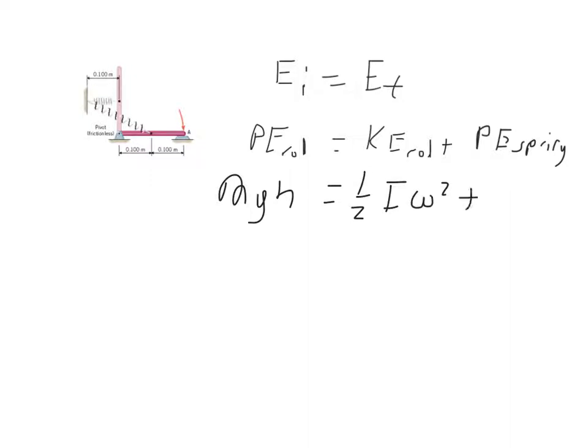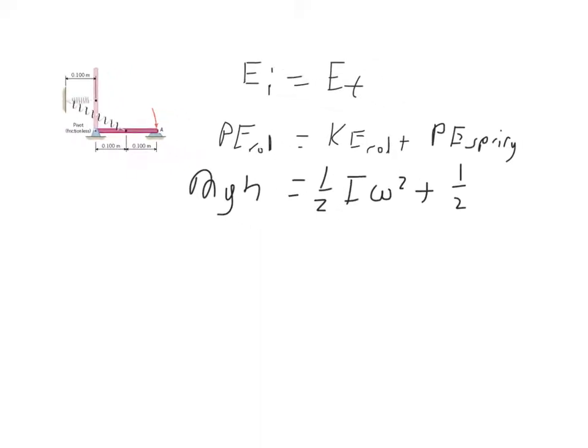Okay, we'll talk about moment of inertia in a little bit here. By the way, that omega is what we want, because when we figure that out, then we can use that times the radius of the rod and get our linear velocity. So that's kind of our game plan there. And the potential energy of spring, we've used that several times now. That's going to be 1/2 kx squared.